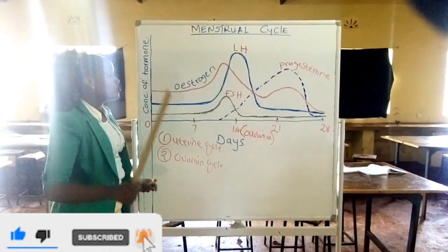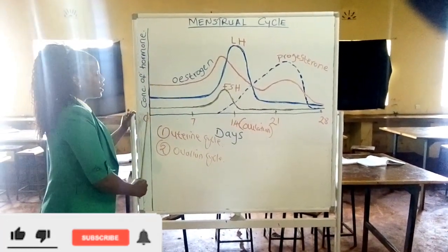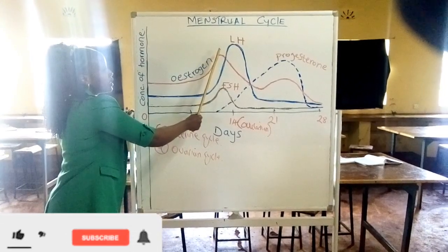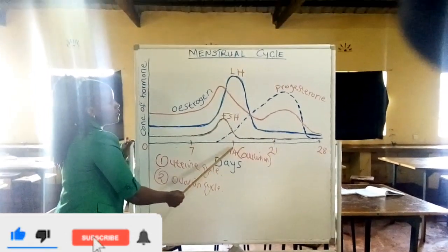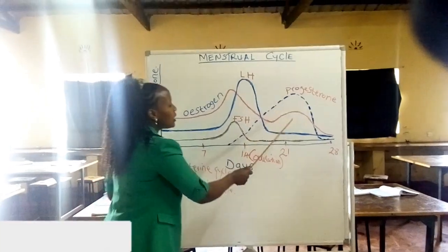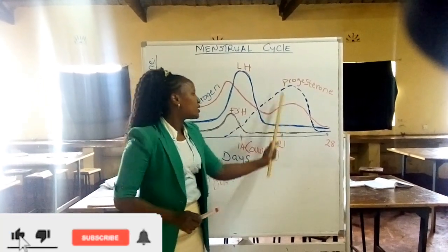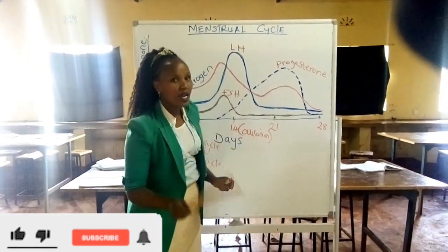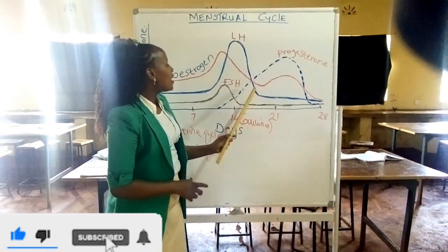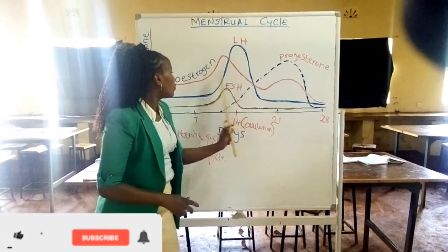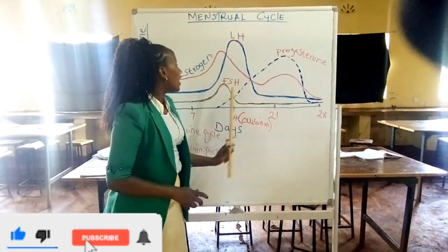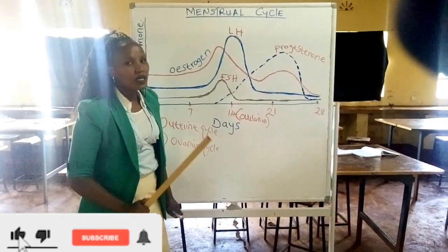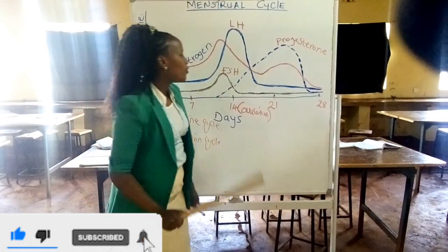So that is why, guys, you can see at the beginning of the cycle, the level of estrogen will keep increasing up to close to 14 days and then continue until around the 22nd, 23rd day, so that it will confirm that fertilization has not taken place. And the increase of estrogen as we follow the graph, and the increase of progesterone, its purpose is to maintain the pregnancy from the 1st month to the 4th month.